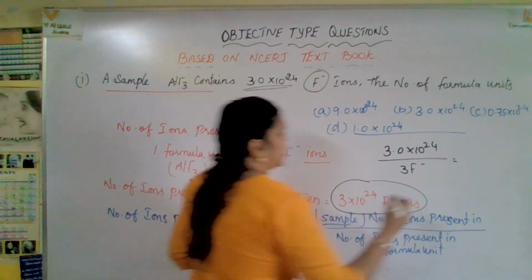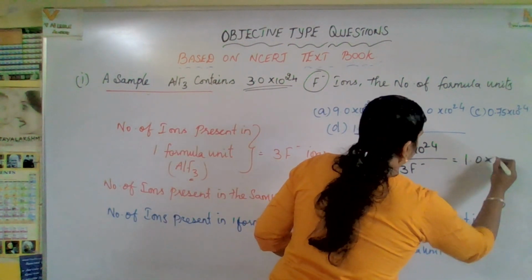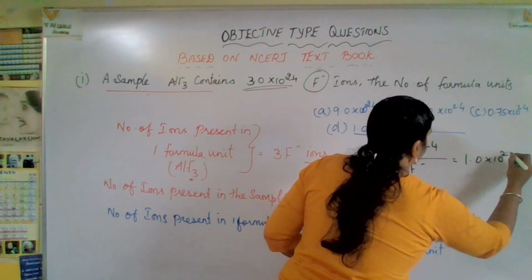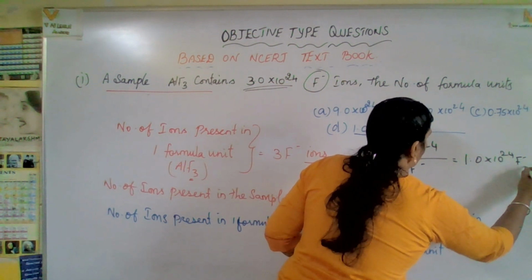So automatically you will get 1.0 × 10^24 formula units.